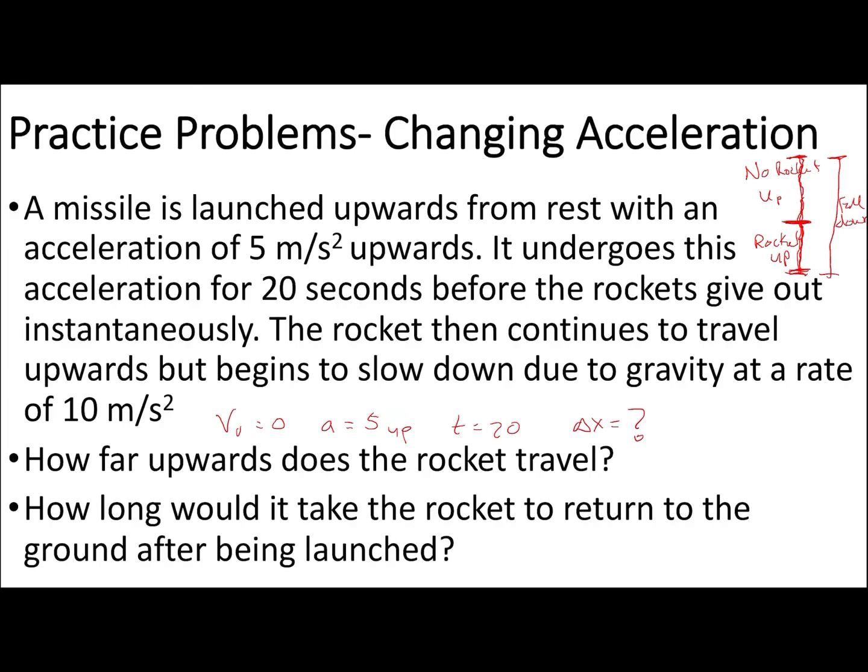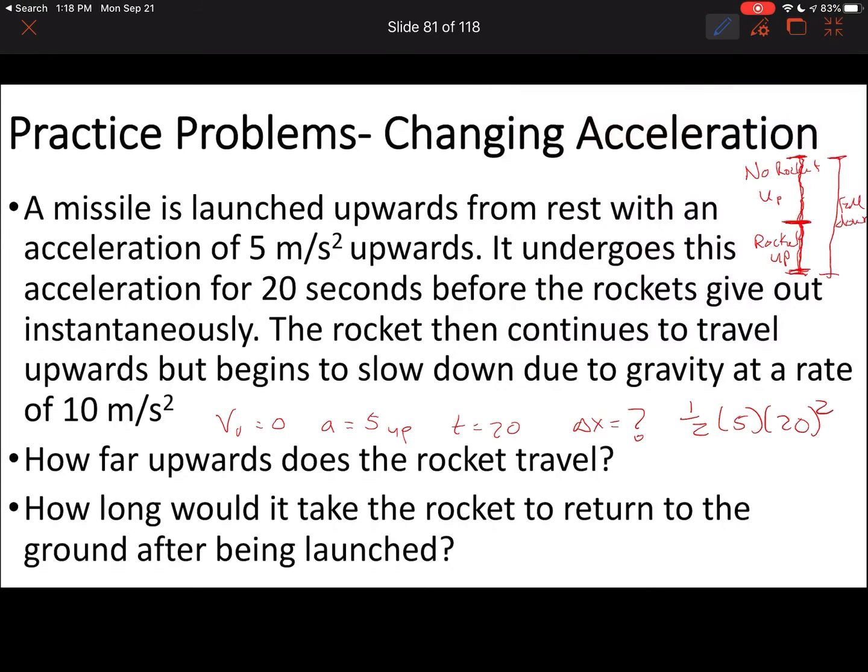So I can use the second kinematic equation here. I end up just doing 1/2 a t squared, and that'll solve for how far upwards I move. So that would be 20 squared times 5 times 0.5. We get 1,000. 1,000 meters is how far we move up in this first part. Mark that over here, 1,000 meters.